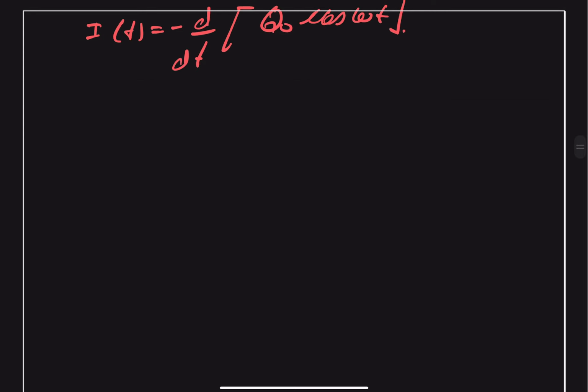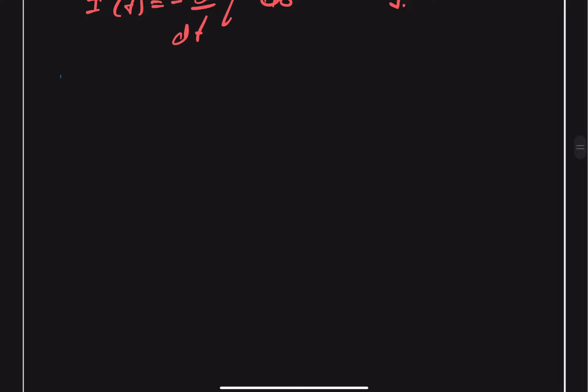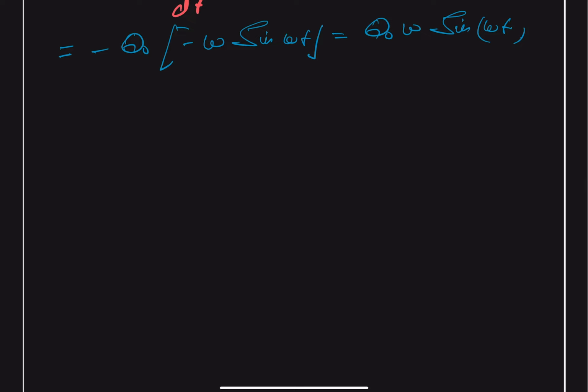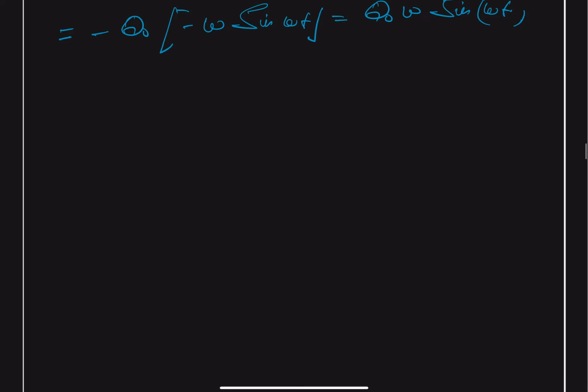If we differentiate it, we get minus q naught times minus omega sine omega t, which comes as q naught omega sine omega t. But omega is 1 upon square root of LC.